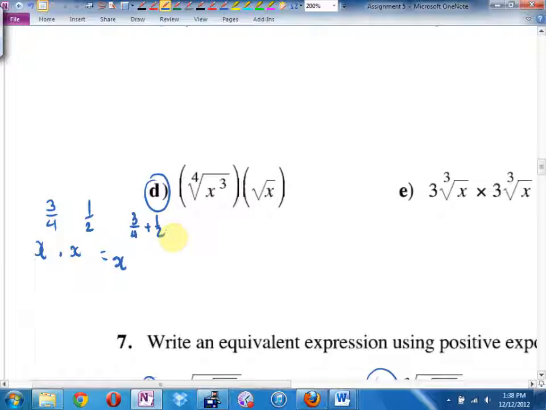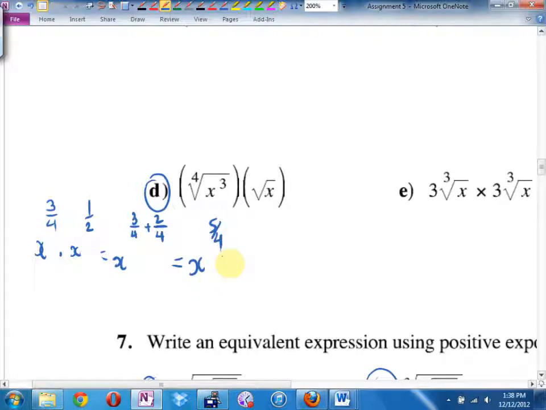Can I add them as is? No. What is 1/2 as quarters? You know what? Since you did that in your head, I'm just going to, oh geez, I'm running out of room. It's that. And what is 3/4 plus 2/4? Are you saying this whole thing is going to be x to the 5/4? Because if that's what you're saying, you'd be right.